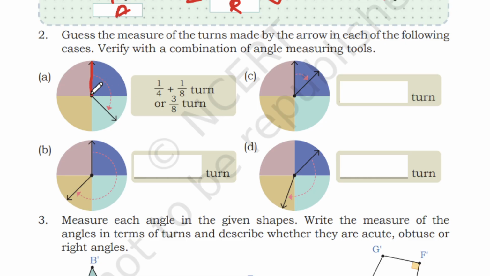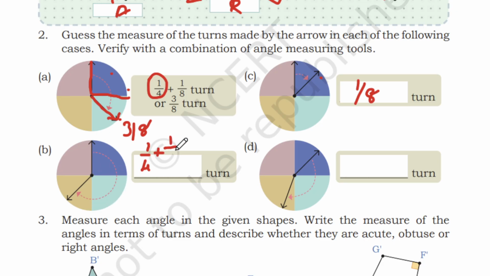The first turn is already over, so this is the turn of 1 by 4, and again they have taken a turn. So this is 1 by 8 turn, or 1, 2, 3, 3 by 8 turn. Okay, so here see, this is like 1 by 8 turn, and if you see here 1 by 4 turn, it is done, and we have another 1 by 4 turn.